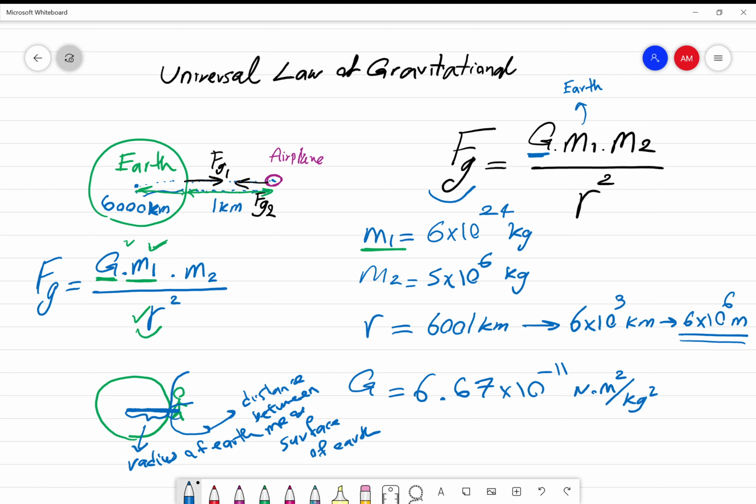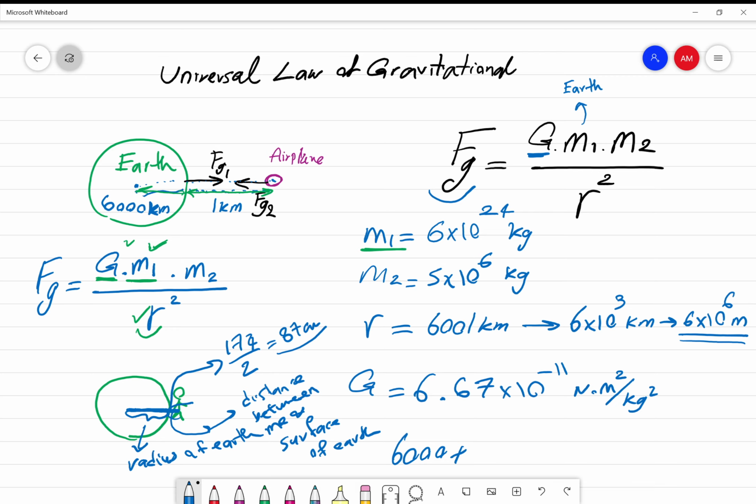So this distance means your center of body to the Earth is 174 divided by 2, which is equal to 87 centimeter. So the distance between you and Earth is equal to 6,000 plus 87 centimeter.